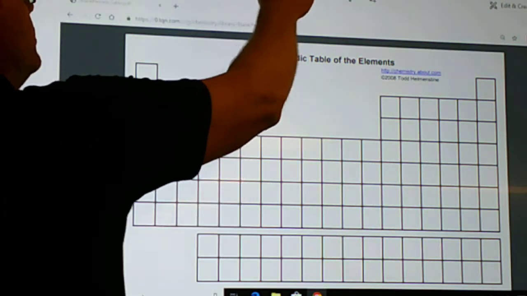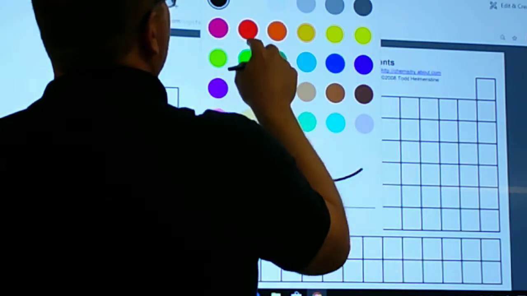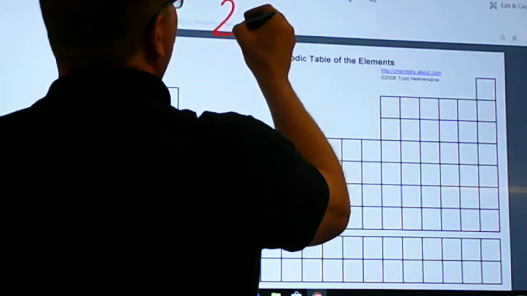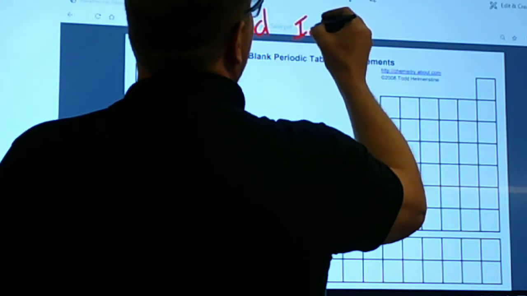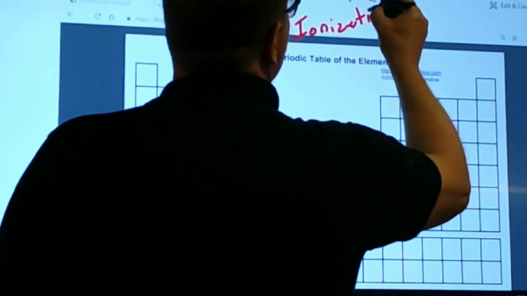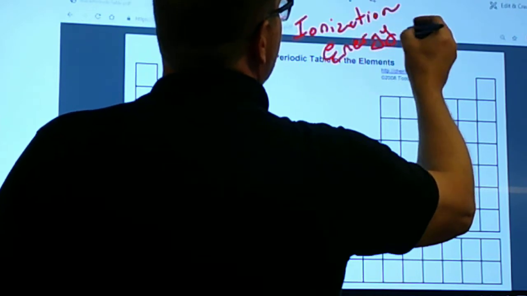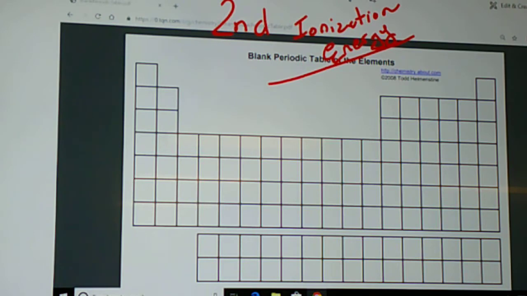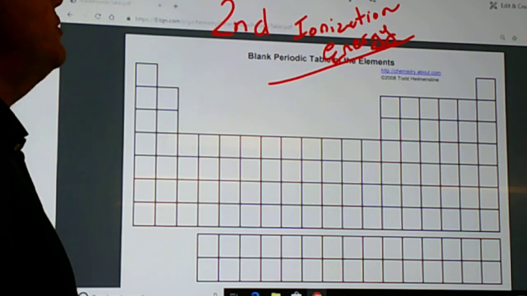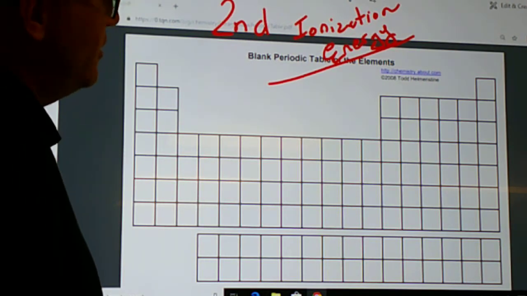Oops. I have a tendency to try to use that. That doesn't work too well. Erase all ink. And what we're going to do next is we're going to come back and do my second ionization energy. So which one has the highest second ionization energy? Well, you would have to figure out where your highest increase is going to be.